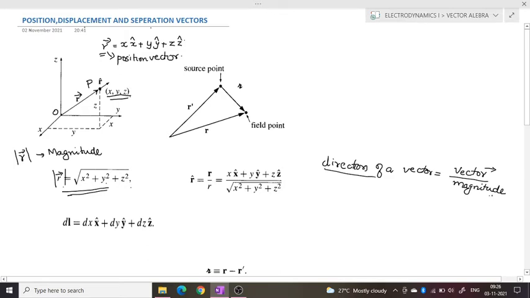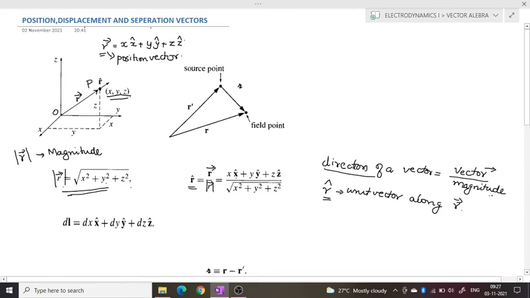Only the direction. That direction vector is denoted by the vector with a cap. This is called the direction or the unit vector along r. This gives the direction of vector r, given by vector r divided by the magnitude of that vector.